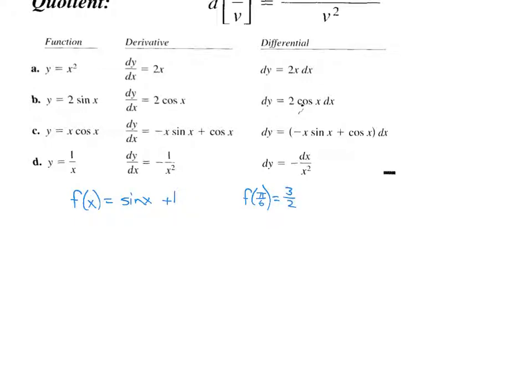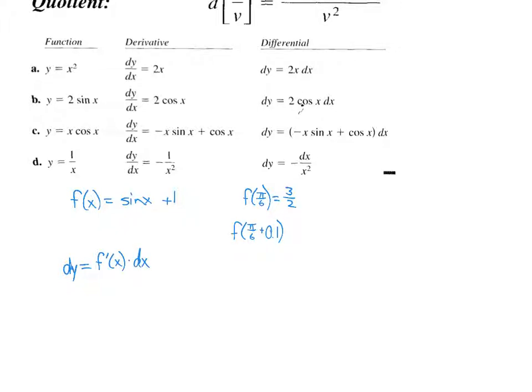Then we said we wanted to approximate f of pi over 6 plus 0.1. Notice how this is a streamlined version of what we did yesterday. We do not actually have to find the tangent line. What we're going to do here is find dy. dy is f prime of x times dx.